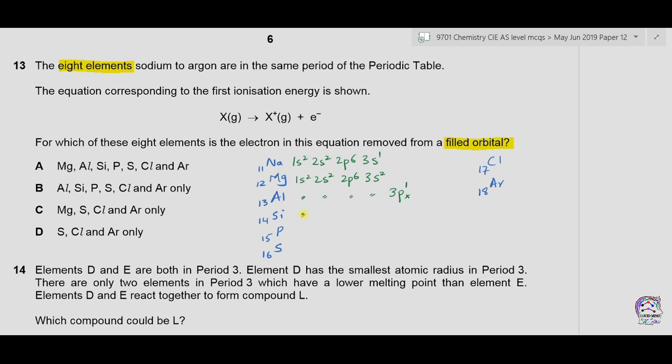For silicon again we have 2 p orbitals, 3px, 3py, and each of them has 1 electron. For phosphorus, 3px, 1 electron, 3py, 1 electron, 3pz, 1 electron.